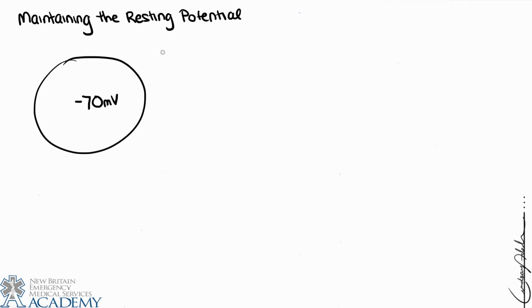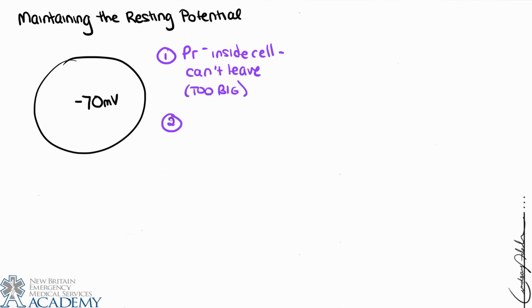So we know things that maintain the resting potential. Number one, there are protein anions inside of the cell. So that's giving us some negative charges, and we know that those guys are too big, they can't leave. There also are a ton of potassium leak channels in the membrane. So it's not that we couldn't have sodium leak channels as well, but we just have generally a greater abundance of potassium leak channels.